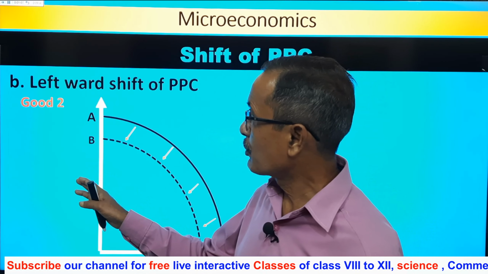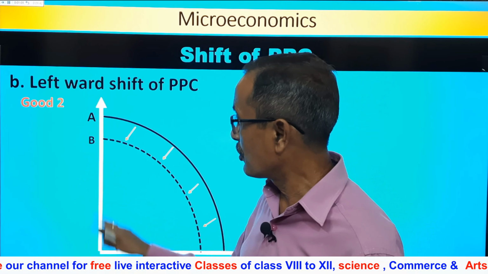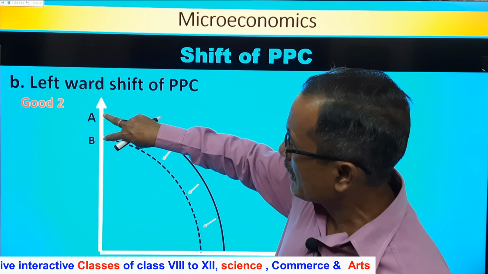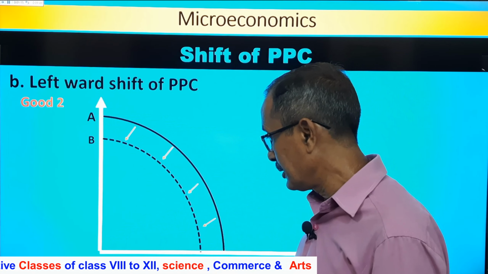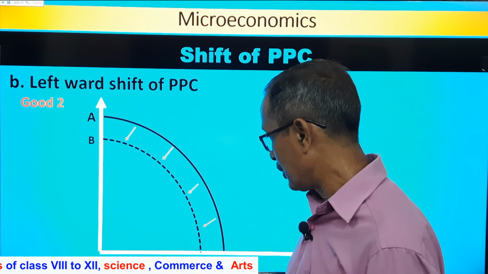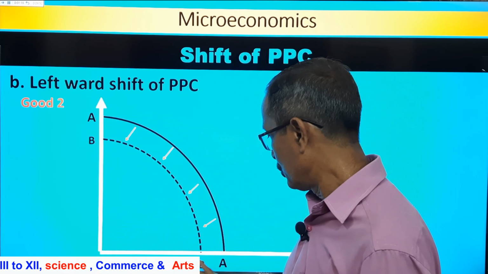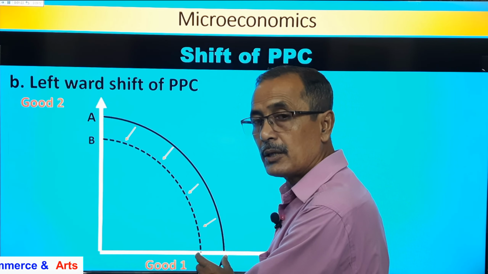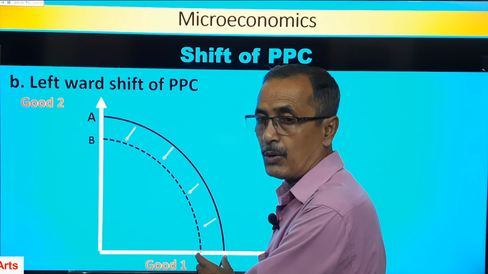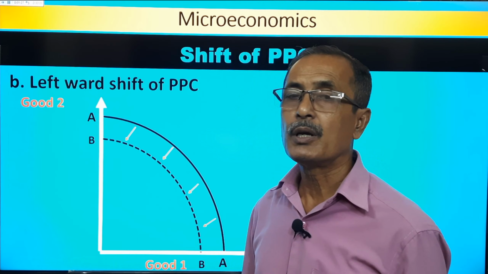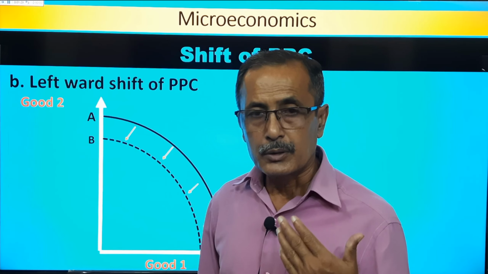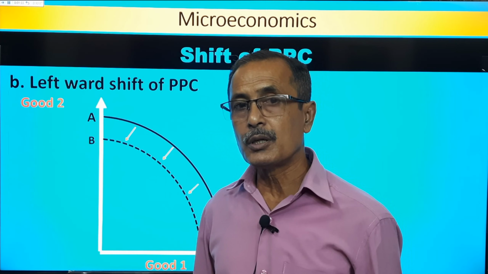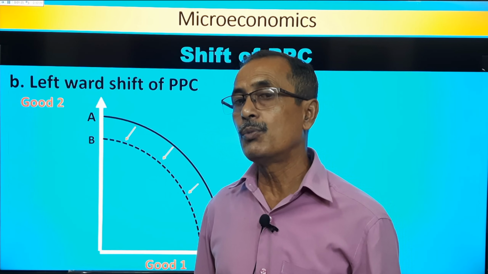So the production of good 2 decreases from OA to OB. Net fall in production is by AB. On the other hand, production of good 1 decreases from OA to OB. Net fall in production is by AB amount of goods, and this is mainly due to technological deterioration or technological degradation or fall in the volume of resource.